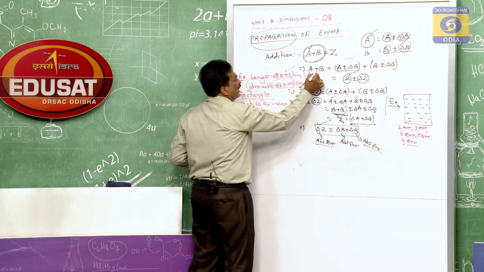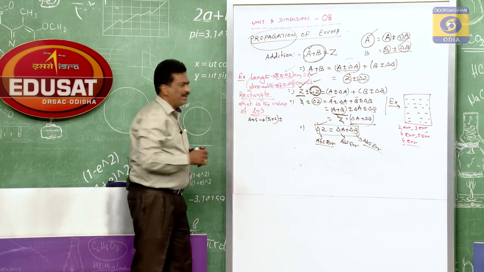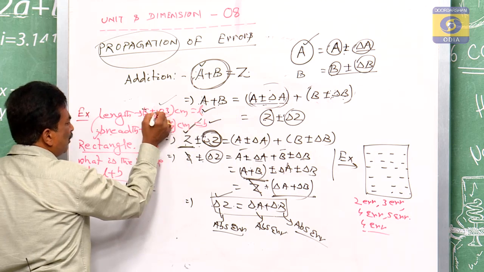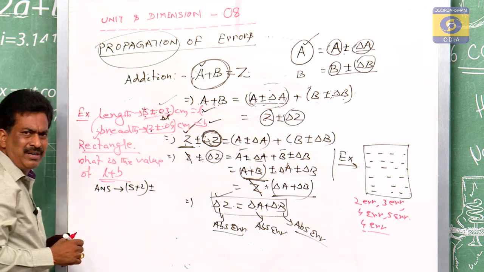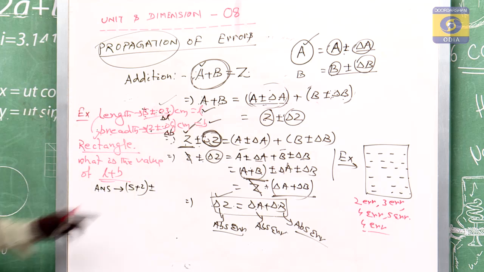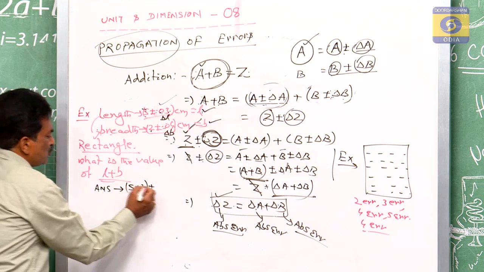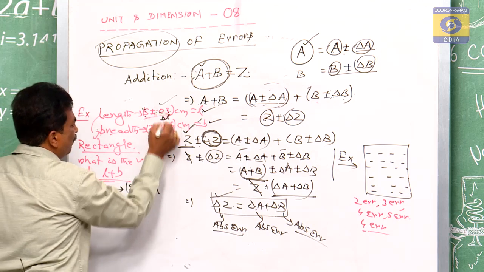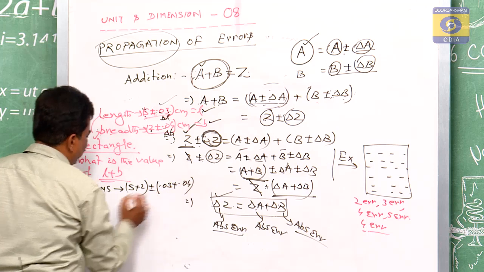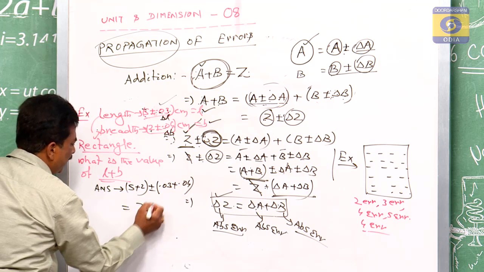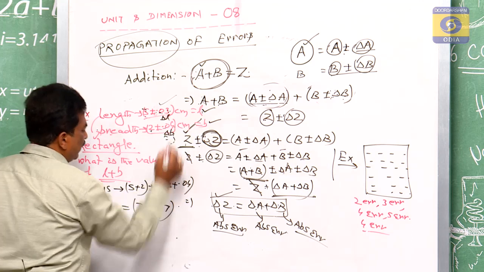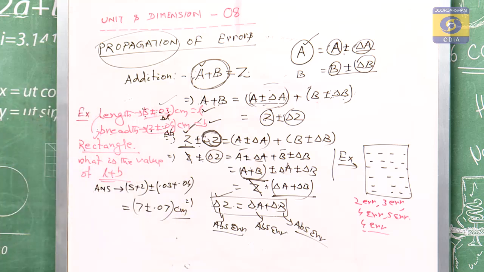So if L is the length, then 0.03 is del L. 0.04 is del B. Then this will be del L plus del B, means 0.03 plus 0.04. So this will be 7 plus or minus 0.07, and this is in centimeter.